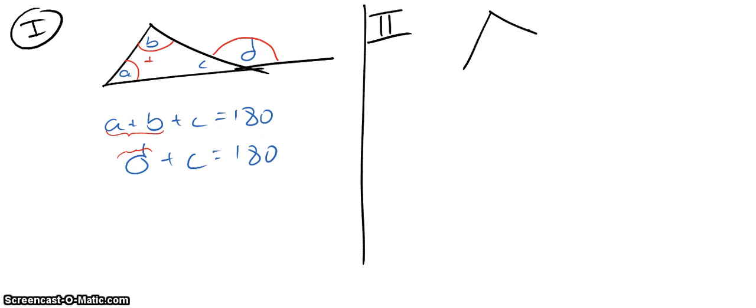Number two. Here's a triangle, again with three angles. This is angle A, and opposite to angle A, I'm going to have side A. And this is angle B, and opposite to angle B, I have side B. And this is angle C, and opposite to angle C, I've got side C. So what do I know?